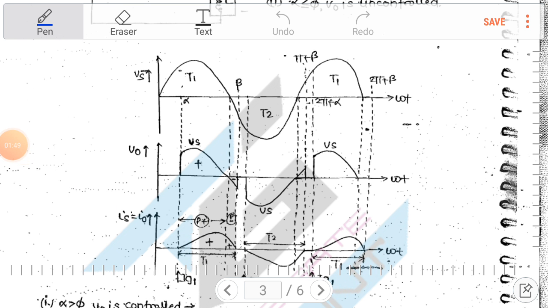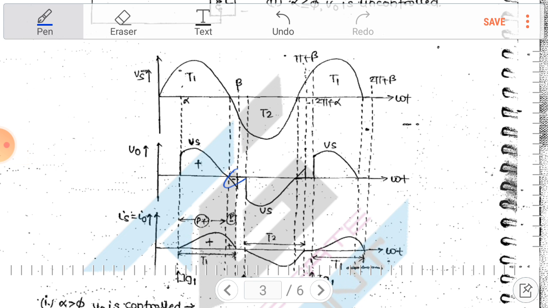Waveforms of output voltage and current are observed in the figure. Here a small spike of negative voltage is also observed from pi to beta. It is known as extinction time.